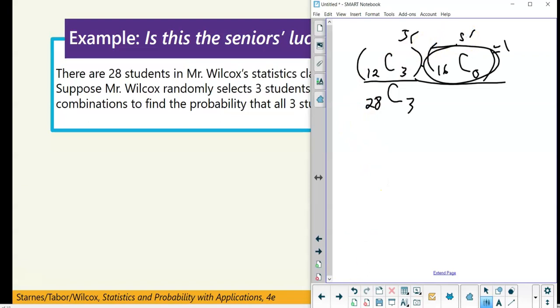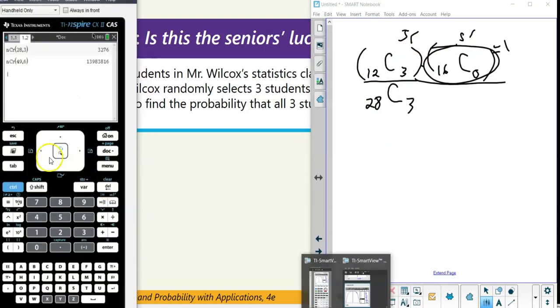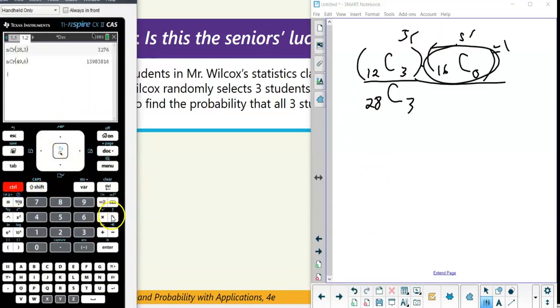Then you would just type that in your calculator. You get your calculator out, control divide. In the top, nCr 12,3, and on the bottom nCr 28,3. So 55 over 819, which is 0.067.